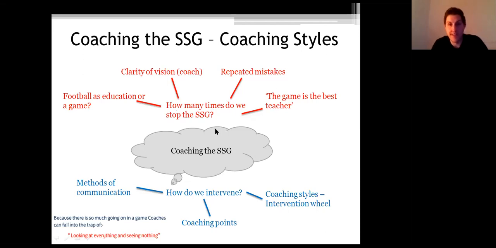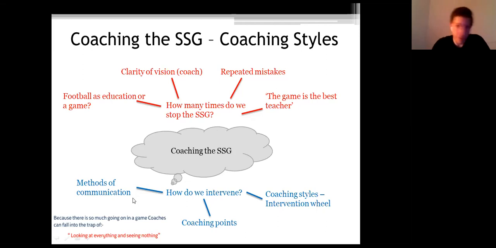Once we've decided to stop the game, we then think about how we stop the game. There are lots of different methods of communication. And so you have talking, of course. You can bring one player over to the side and talk to them. You can stop the session and you can talk to the whole team.